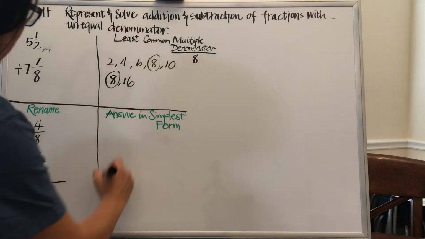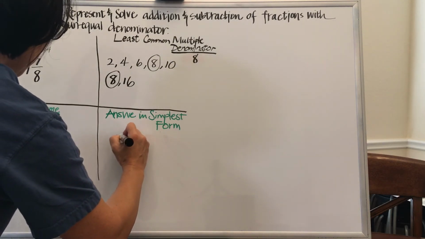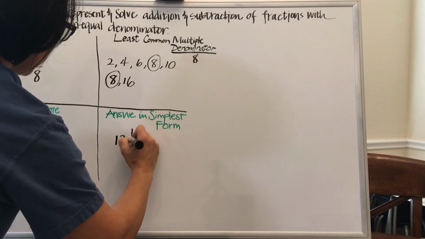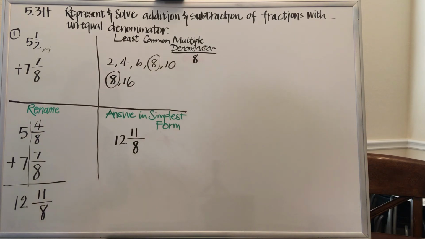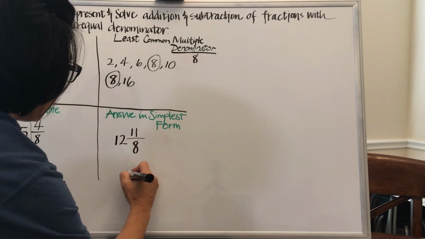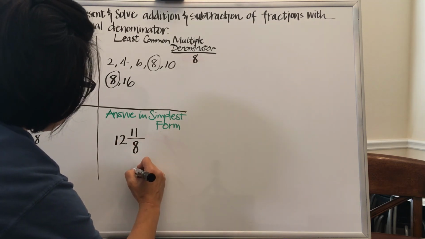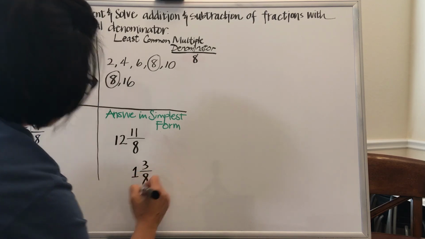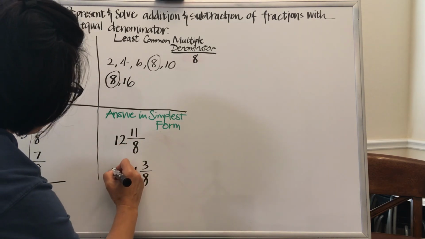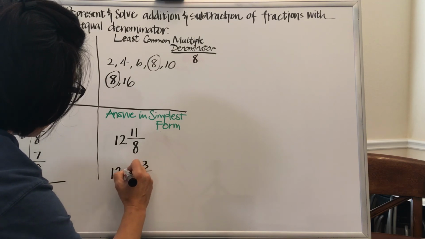So the answer again goes in here, 12 and 11/8. Now I know this is an improper fraction based on the previous problem. I know this 11/8 also can be represented by 1 and 3/8. Okay, so I have the 12 that I'm going to add to it.